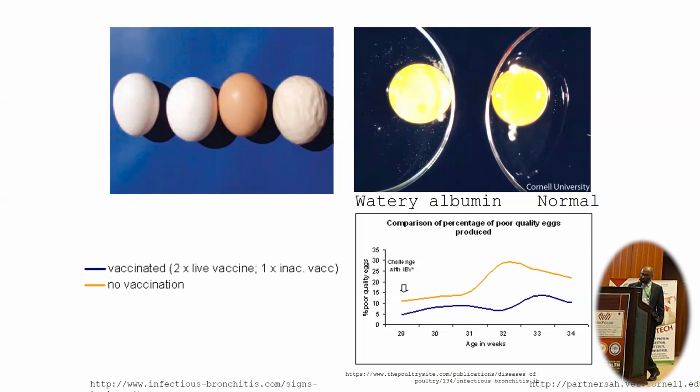With vaccination, you can keep the poor egg quality issues to about 5%, but without a vaccine, the poor quality eggs can increase to about 25 to 30%.